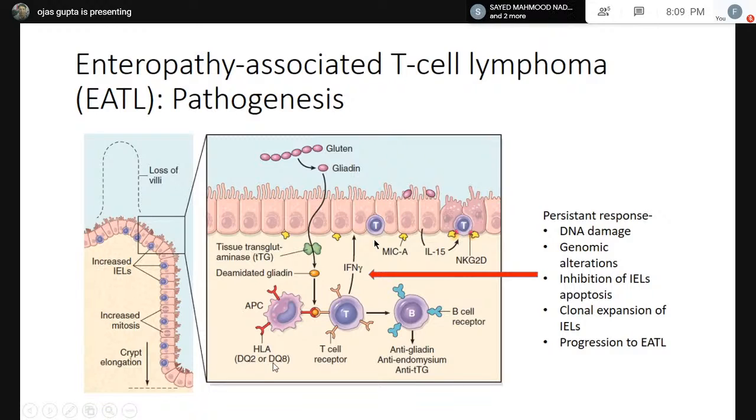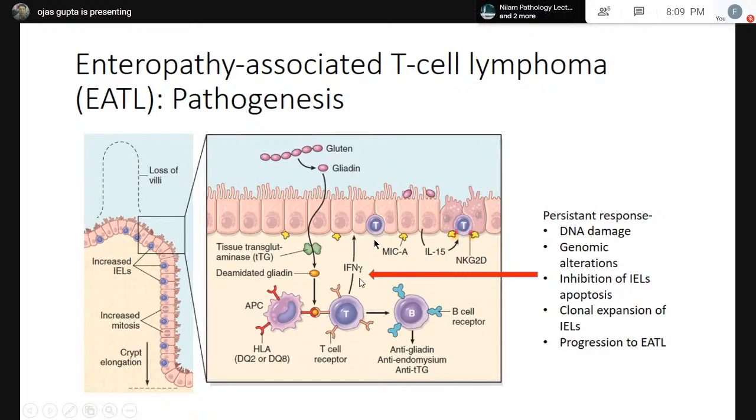Now this deaminated gliadin will be presented by antigen presenting cells, and with the help of HLA-DQ2 and DQ8, the T helper cells will recognize the deaminated gliadin and HLA, and they will lead to secretion of certain cytokines like interferon gamma, and they will activate the B cells to produce anti-gliadin, anti-endomysial and anti-TTG antibodies.